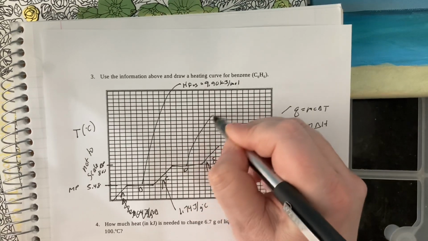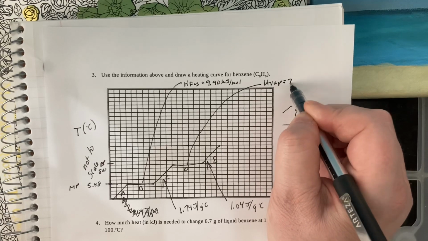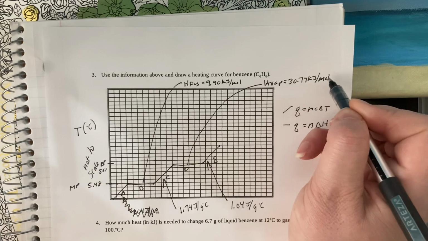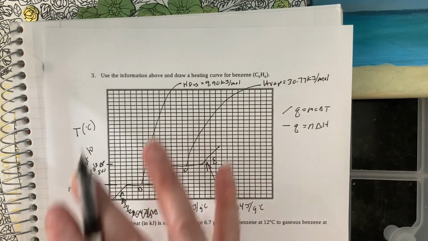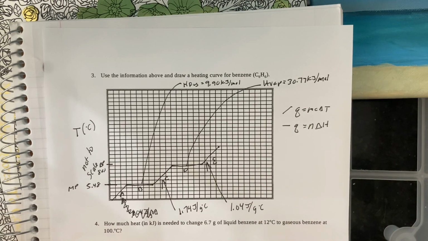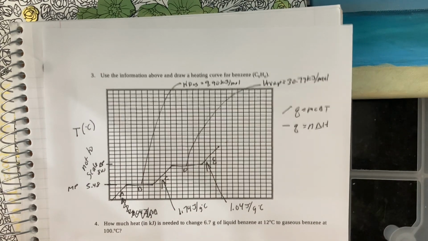And it has a different heat of vaporization, which would be 30.77 kilojoules per mole. So now I have all the data here on benzene, so I can get any number of moles of benzene, any grams of benzene, any starting and ending point. I have the gist here of what I'm going to need.